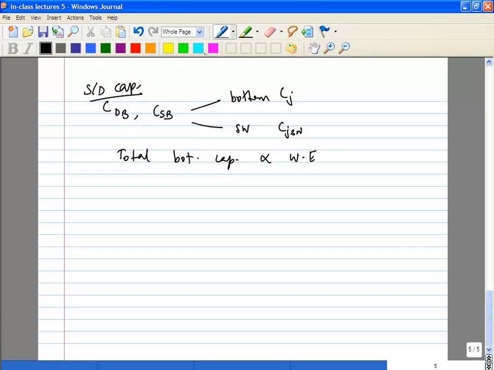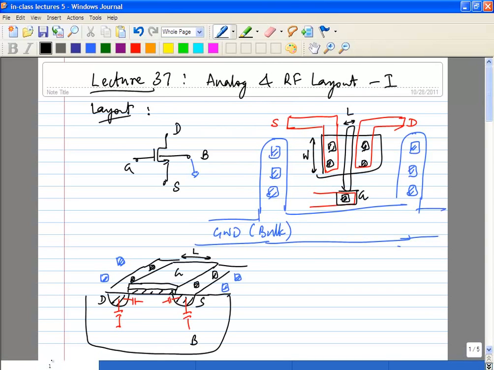We know this, right? How about the sidewall capacitance? Sidewall capacitance is actually proportional to the sidewall area, which is a product of W and actually the depth of the diffusion. And the depth of the diffusion is a constant for a particular process. So effectively you can say that it is just proportional to the width W.